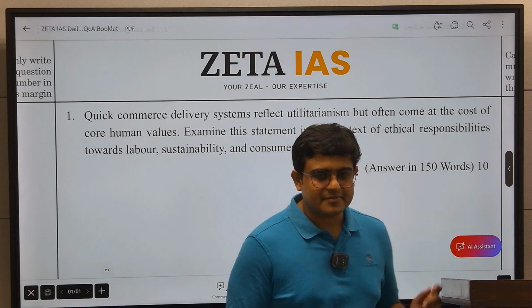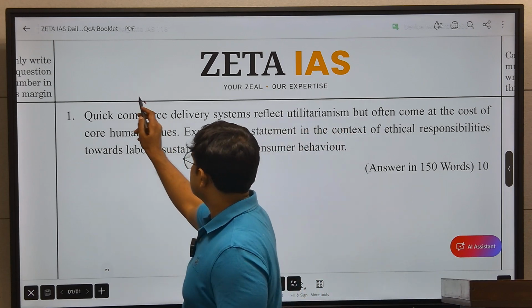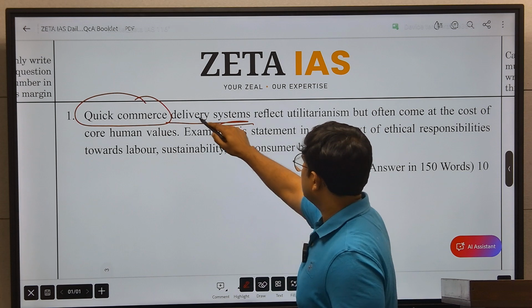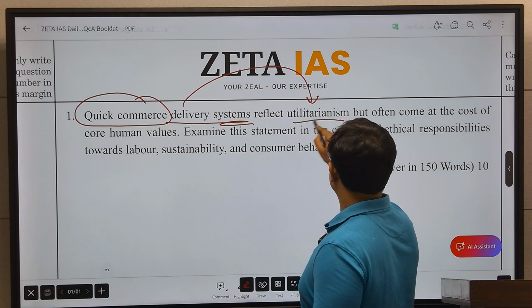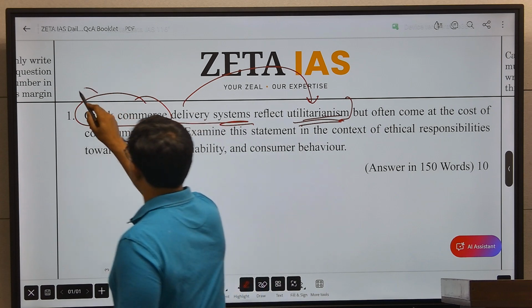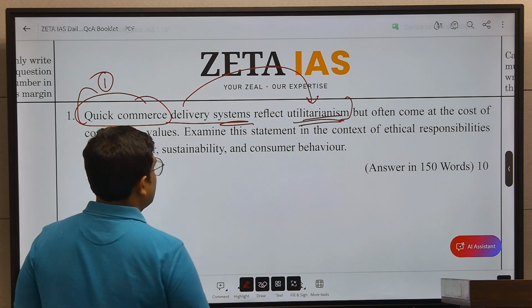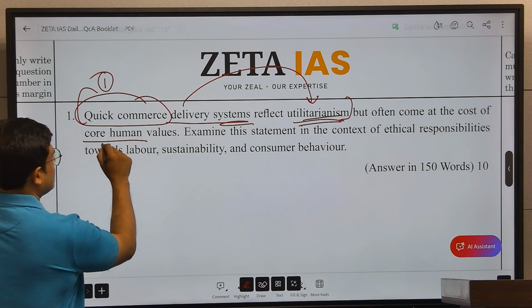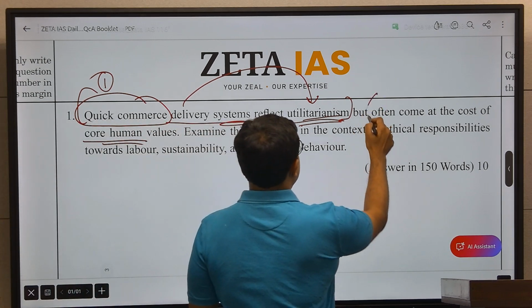Okay, fine. Yes, first it talks about quick commerce delivery system. Reflects what? Reflects utilitarianism. Okay, this is one aspect, but often comes at the cost of core human values. Okay, this is second aspect.